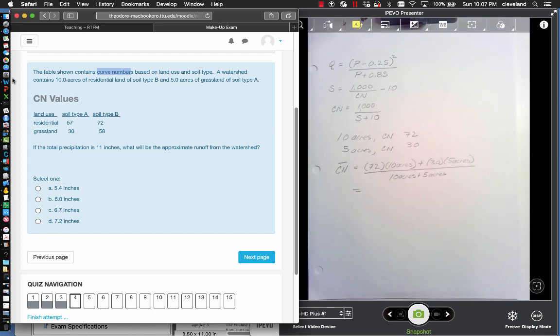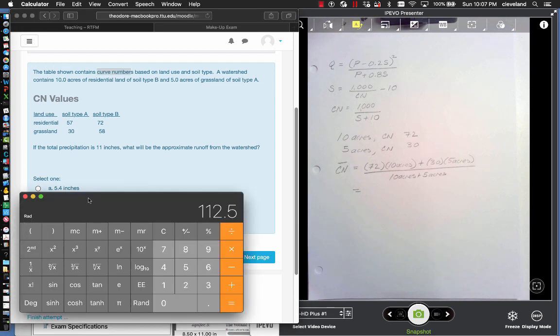We'll now perform the indicated arithmetic. So 72 times 10 plus 30 times 5 equals 870, divided by 10 and 5, which is 15, equals curve number 58.